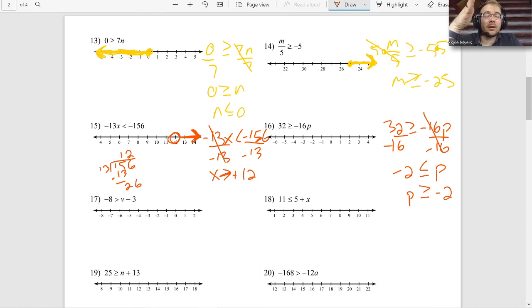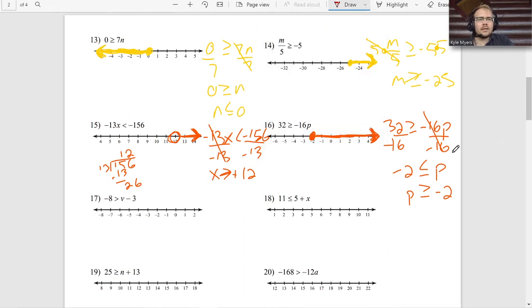But since p was on the wrong side, we had to flip it again. And when we flip what's on the left and what's on the right, you have to also flip the sign so that you get your answer here. So p greater than or equal to negative 2. So closed circle going to the right. All right, there we go.